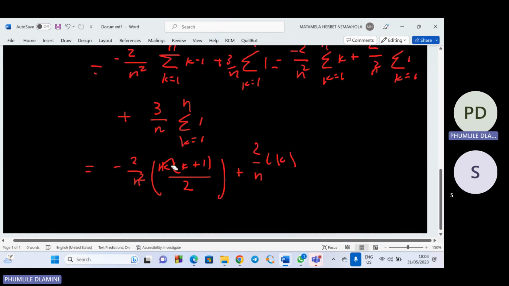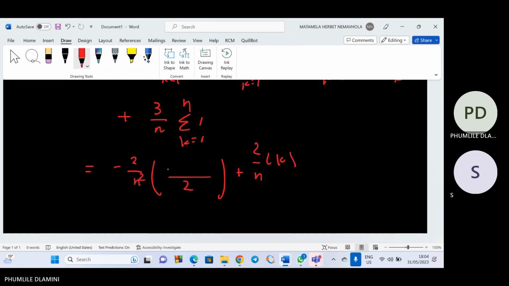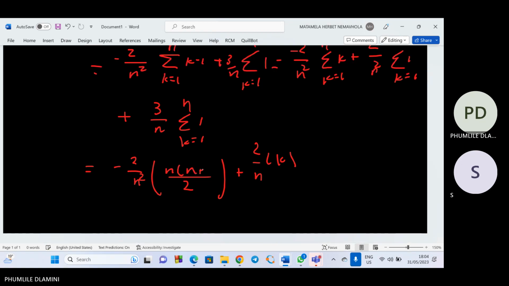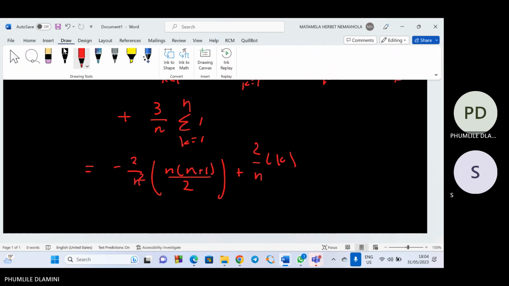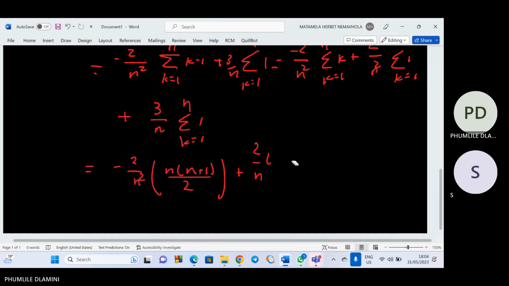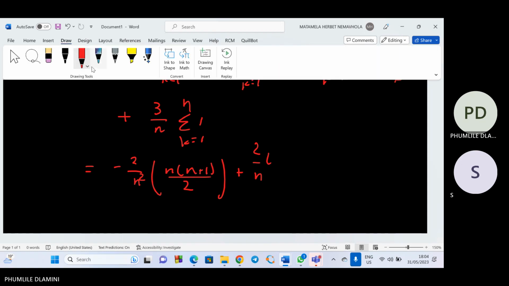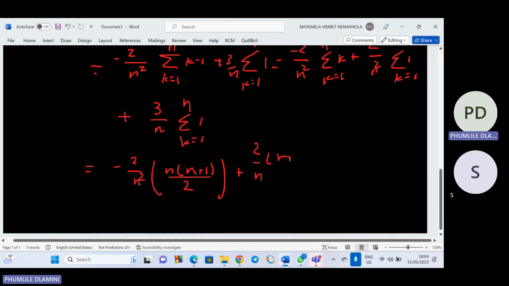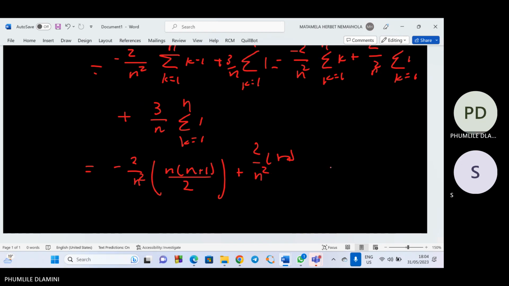I'm not supposed to use the letter k here. Even here it's supposed to be n, and here as well. So now this n here is n squared, plus 3 over n, and also we're going to substitute n.